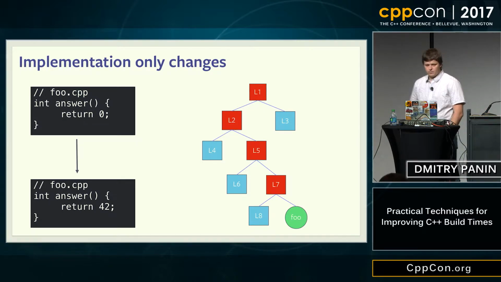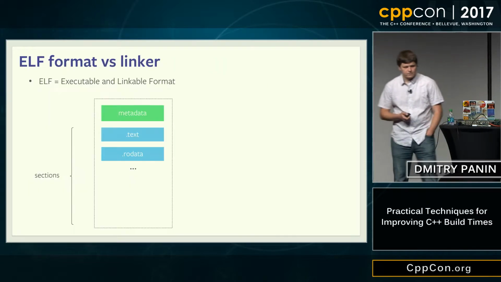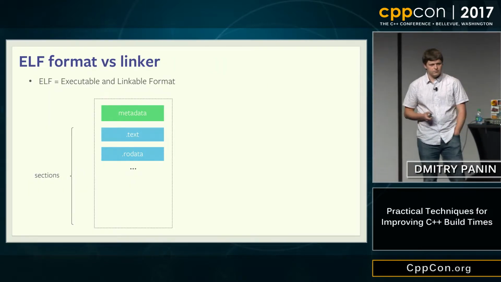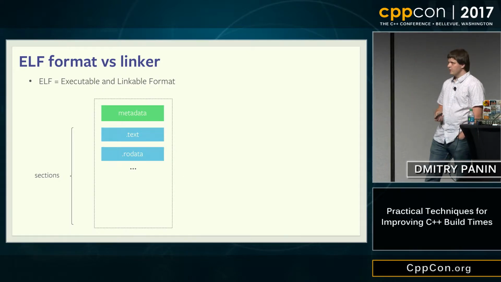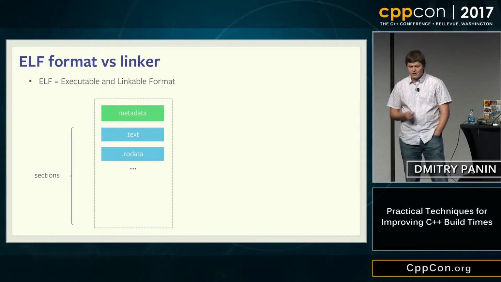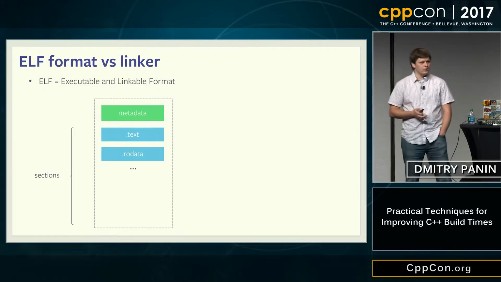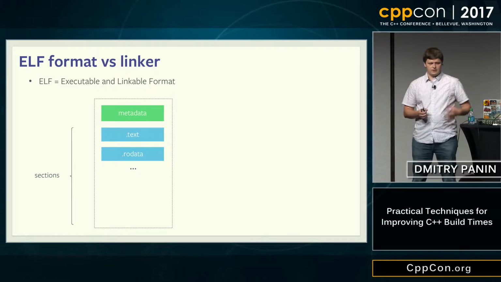Okay, so a really quick overview of ELF. ELF stands for Executable and Linkable Format, and it's quite complicated. What you need to know about it is that it has metadata and a bunch of sections.